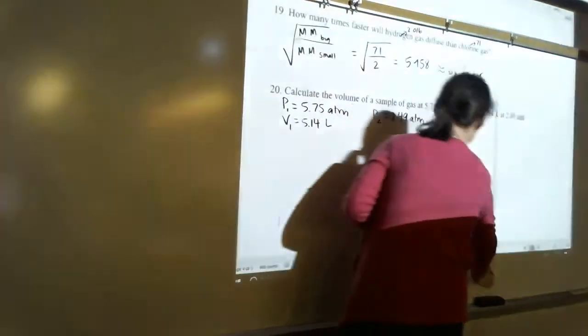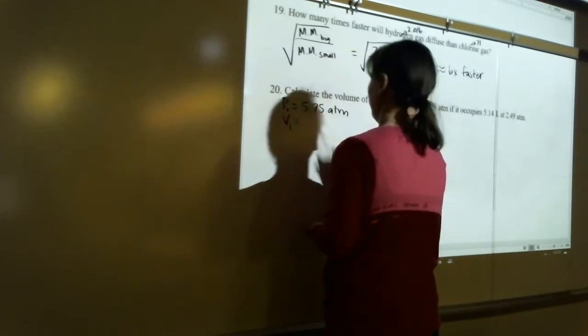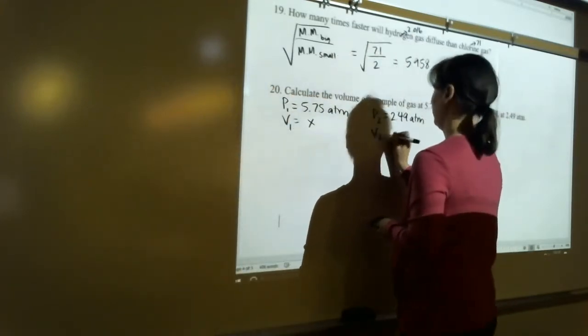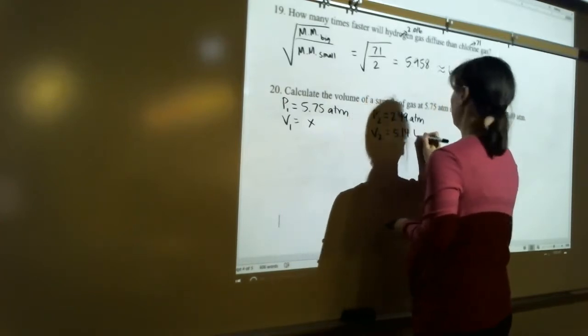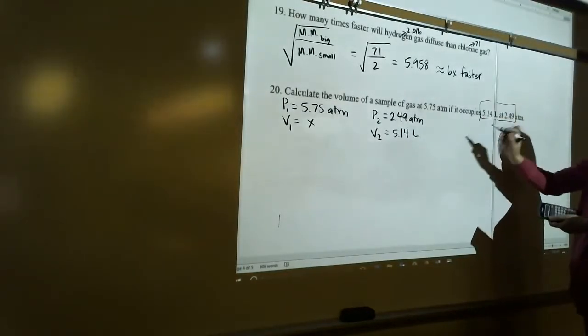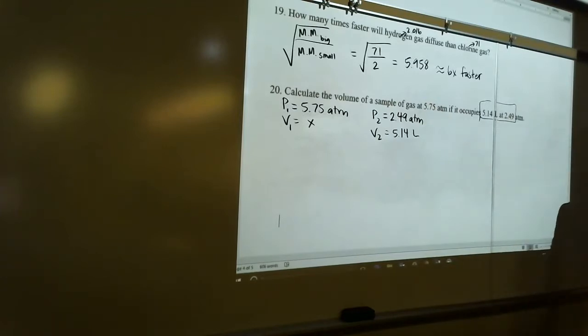Wait, I have that backwards, don't I? 5.75 and X go together. There we go. These two are a pair, and these two are a pair. It doesn't really matter which one you identify as 1 and which as 2, as long as you pair them up properly.